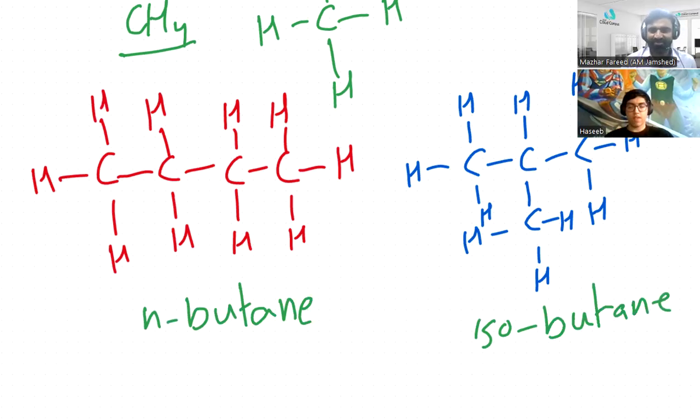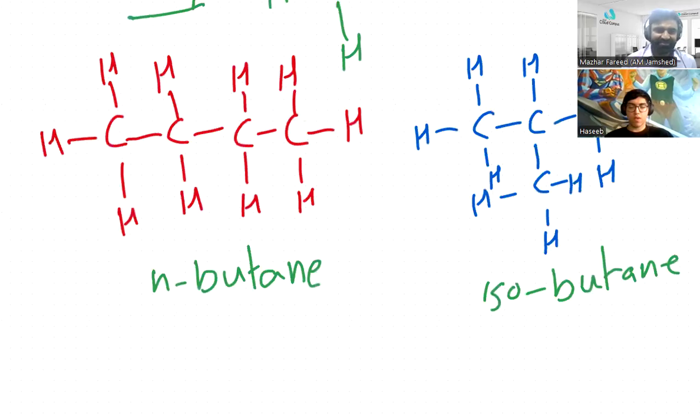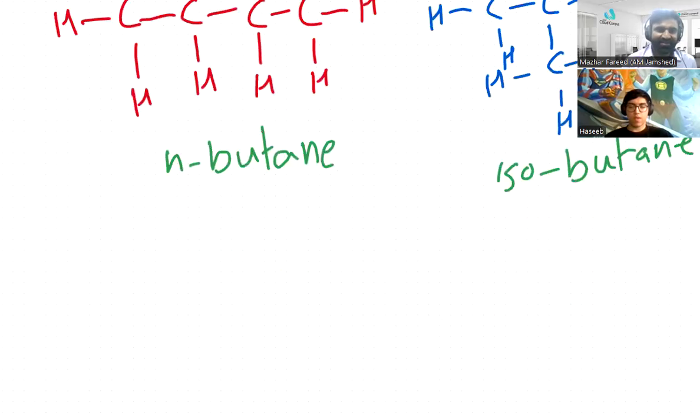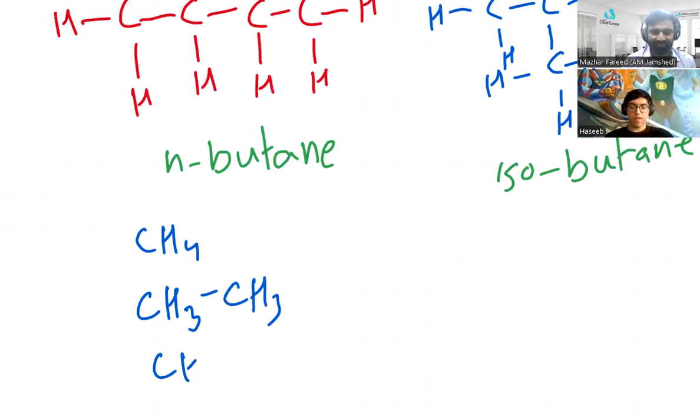Molecular formula is same, but structure formula is different. If we take the alkane members, first is methane, its formula is CH4. Second is ethane, and third is propane.